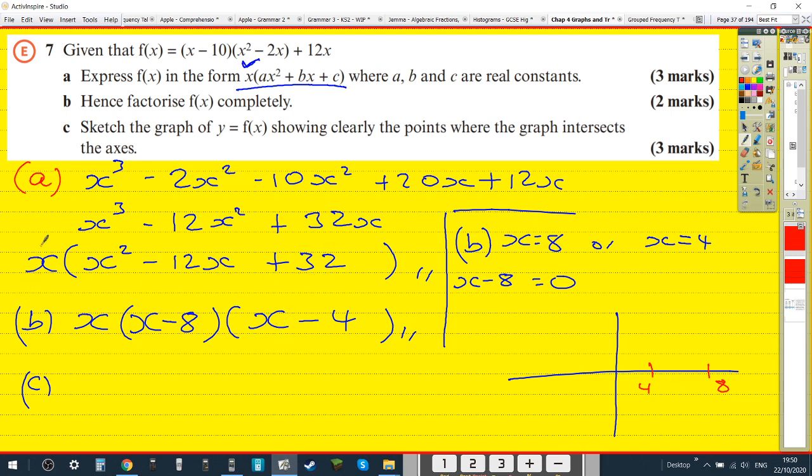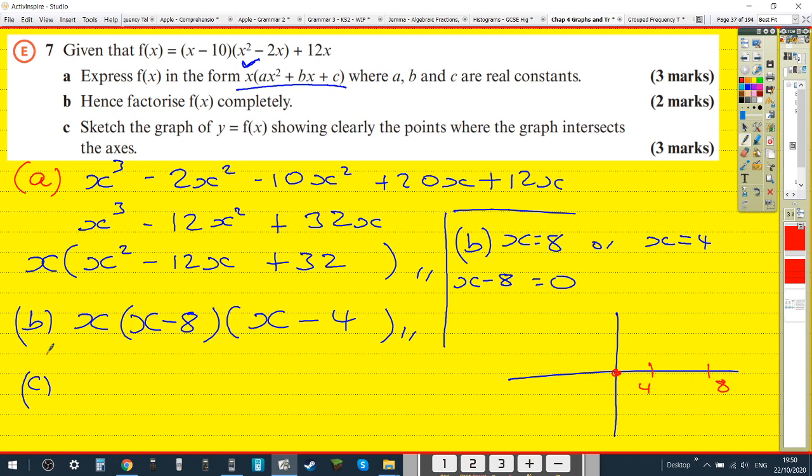The y would be the number that has no x when it's fully expanded. And there is no number with no x, so it'd be 0. Whenever you have an x on the outside by itself, that's like x plus 0. So it'll be all the numbers times 0.